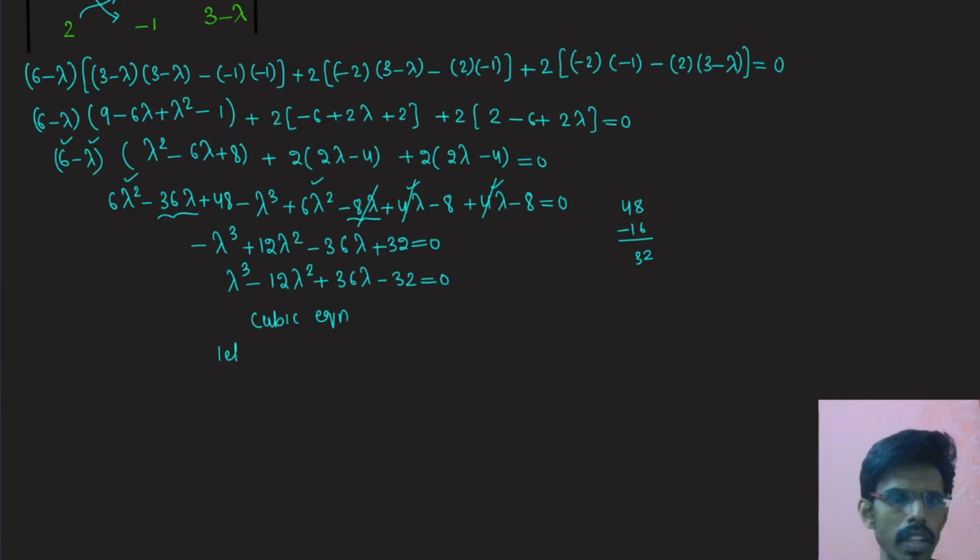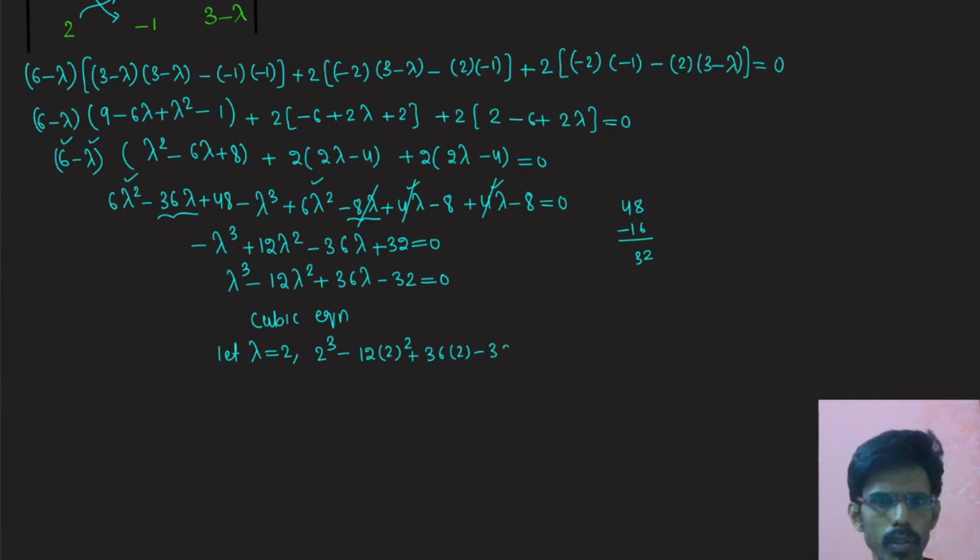Let us take one of its roots to be 2. Let us verify whether 2 is a root of this cubic equation or not. Put lambda equal to 2. Here we have plus 36 into 2 minus 32. So 2 cube is 8, 2 square is 4, 4 into 12 will be 48, plus 72, minus 32.